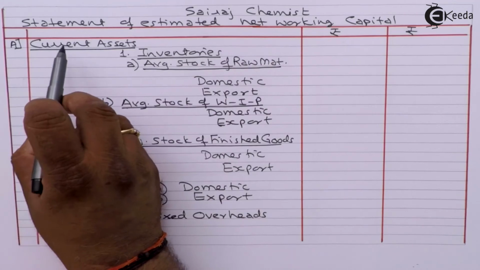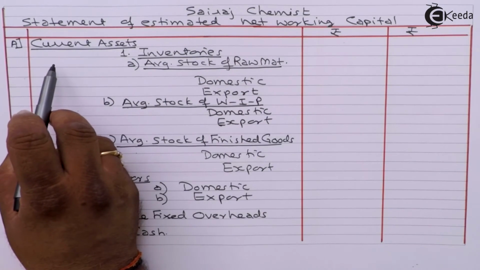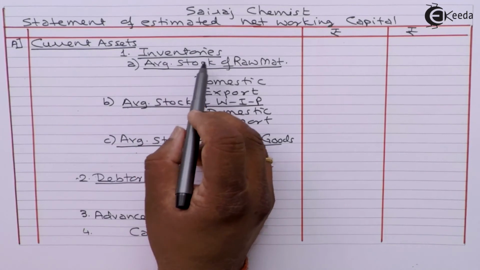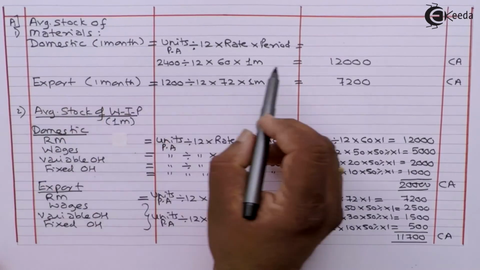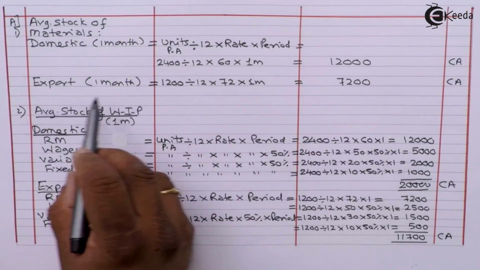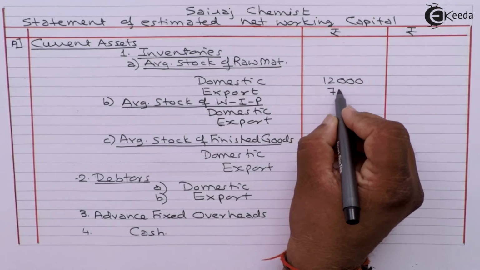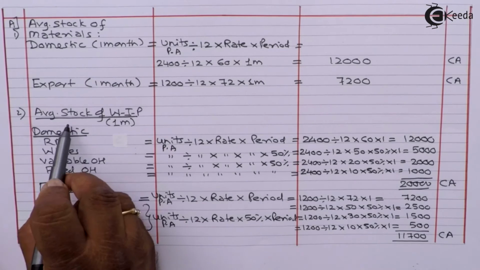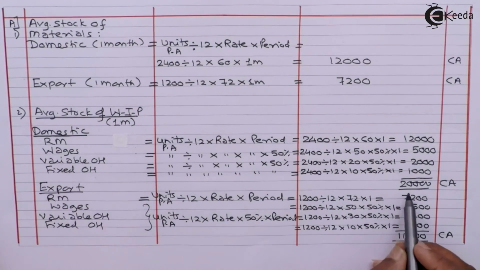Sairaj Chemist, statement of estimated net working capital. To start with, first current assets, inventories, average stock of raw materials: domestic 12,000, export 7,200. Average stock of work in progress, domestic 20,000, export 11,700.